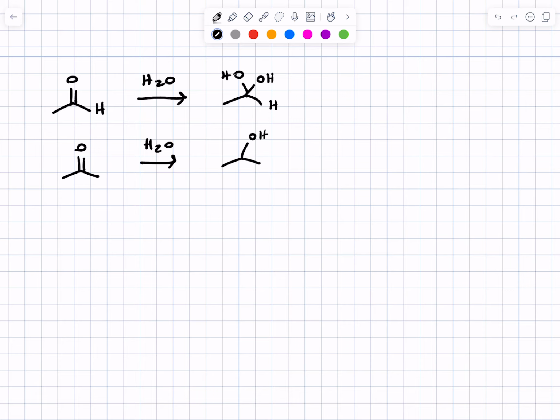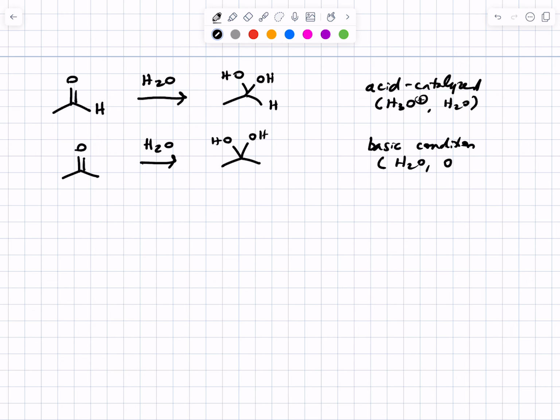Hopefully you've read about this in your text. You can actually make hydrates under either acid catalyzed conditions, that is using H3O plus and water, or you can do a hydrate formation under basic conditions, that is using H2O and OH minus.